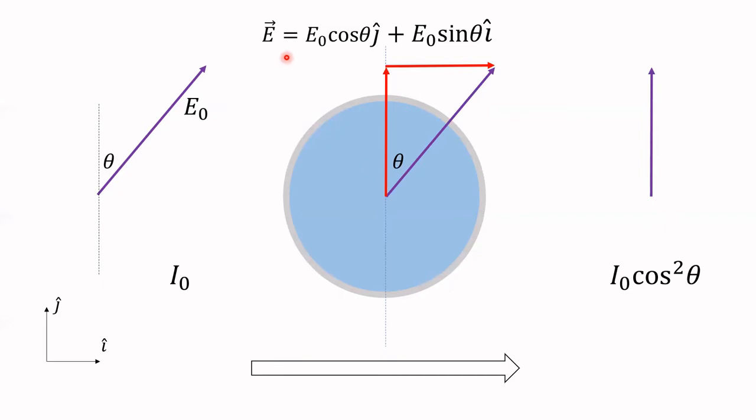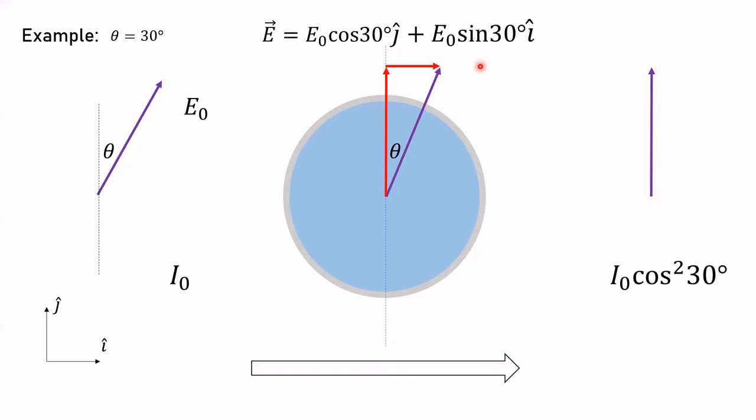And what I've done here is actually use basis vector notation to express the total electric field. See the vector symbol here? E naught cos theta is the component of this vector along j hat. See my coordinate system over here? J hat points parallel to the axis. And then i hat would point perpendicular to the polarizer axis. This is stuff you learned a couple semesters ago, right? This is just resolving a vector into components.